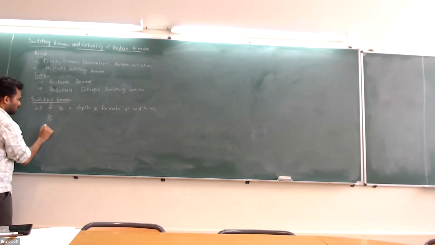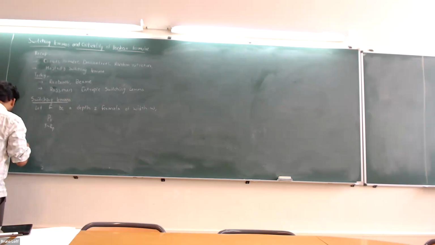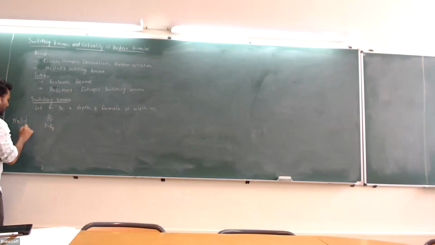And let's see what a p-random restriction is. A p-random restriction sets each bit independently to 0 with probability (1-p)/2, to 1 with probability (1-p)/2, and leaves it unset with probability p. This is a p-random restriction.